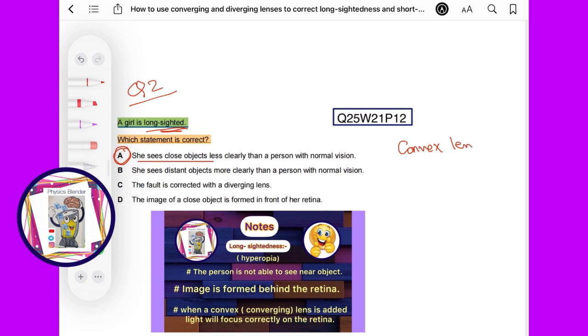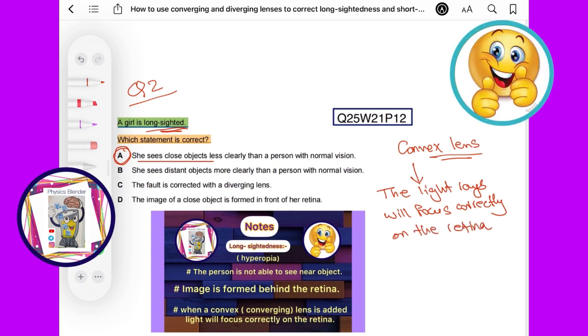Converging lenses are used. So for treatment, the light rays will focus correctly on the retina.